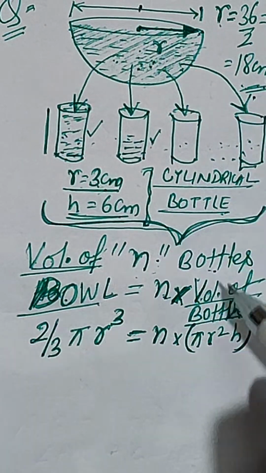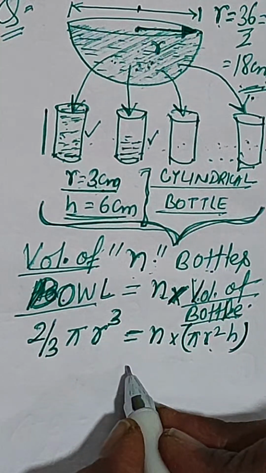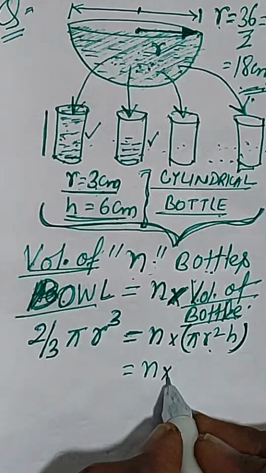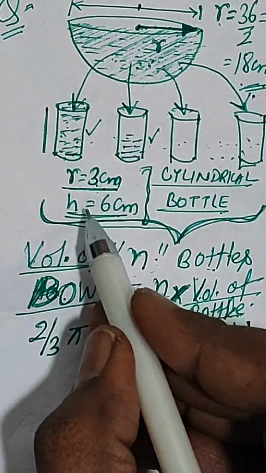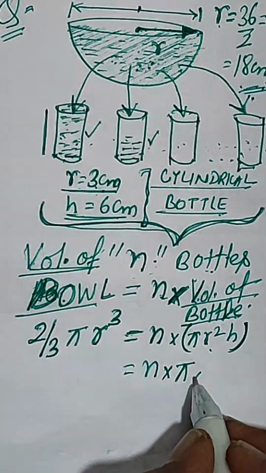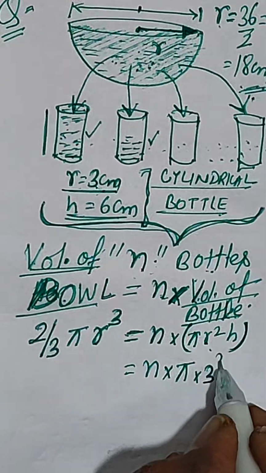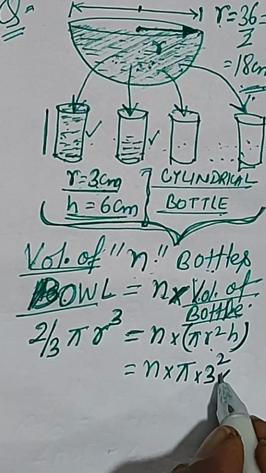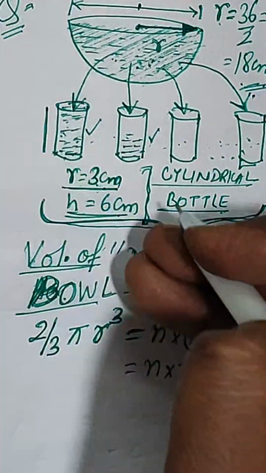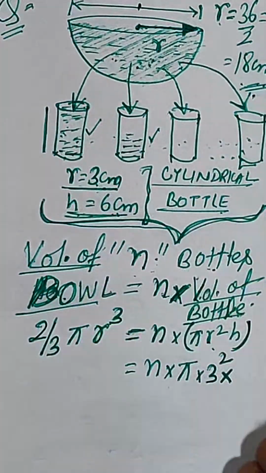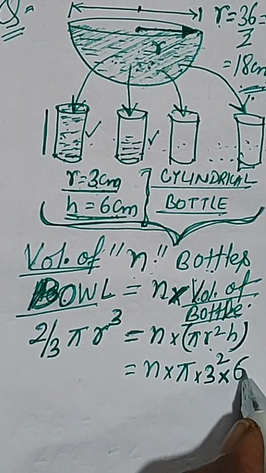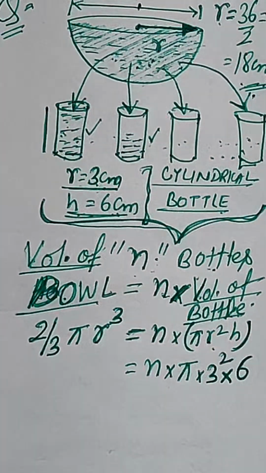Here the value of this r is nothing but 3. So pi into 3 square into the height of the cylinder, which is equal to 6. Just put in 6, right?